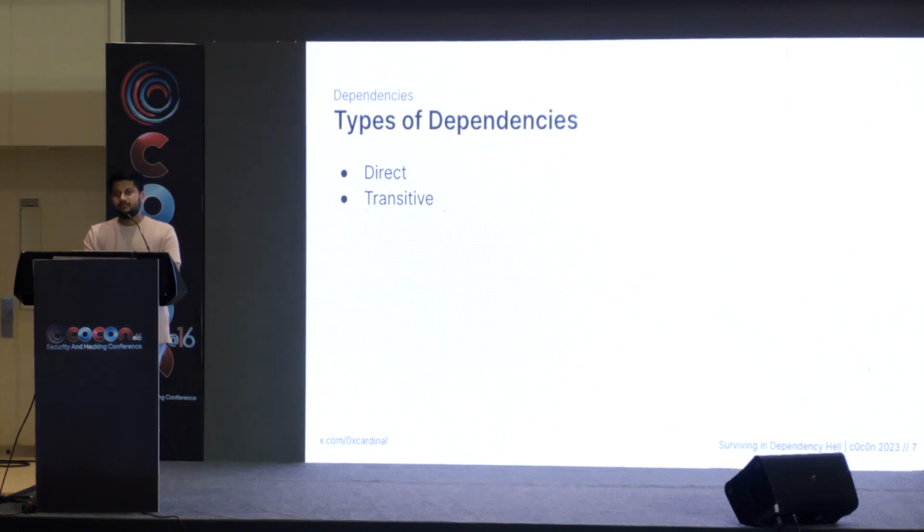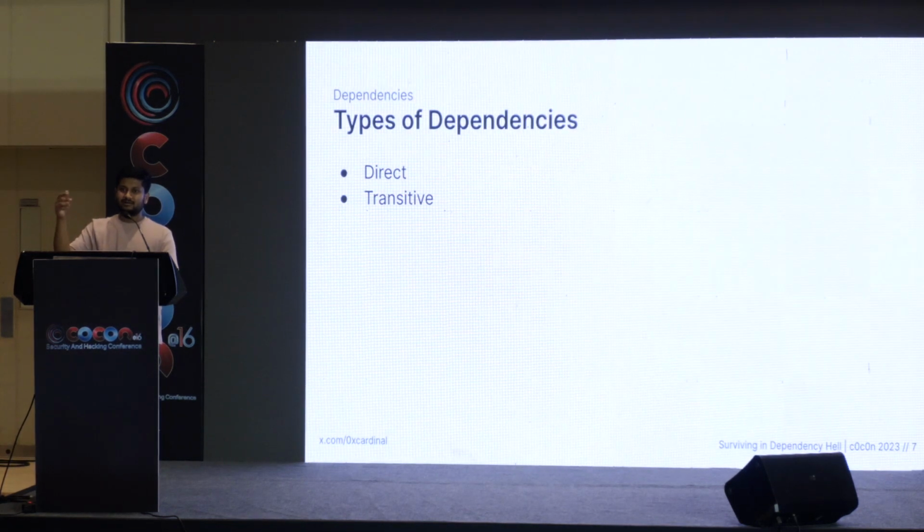The direct dependency is something which we directly consume, and the transitive dependency is the dependency that the dependency we are consuming is consuming. So there are multiple levels of this, hence it is called transitive dependency. The dependency on the third level is also impacting the top layer of the dependency tree.